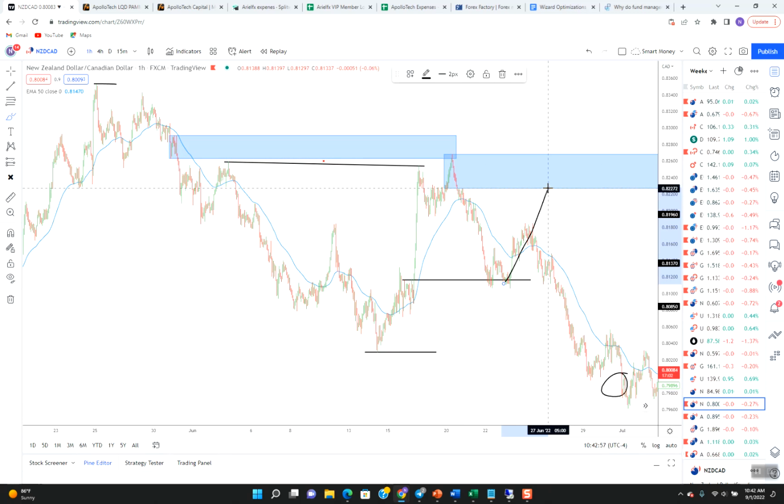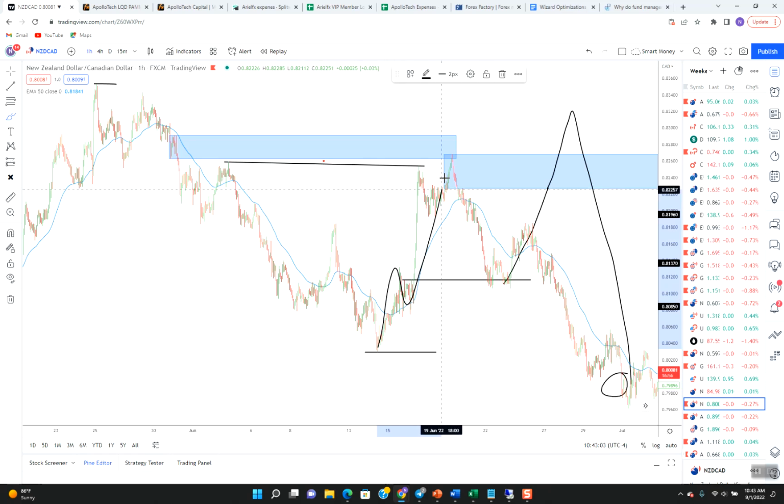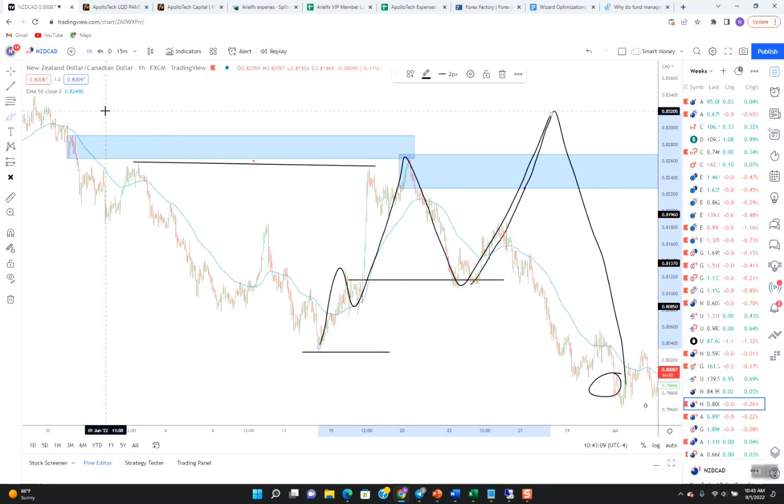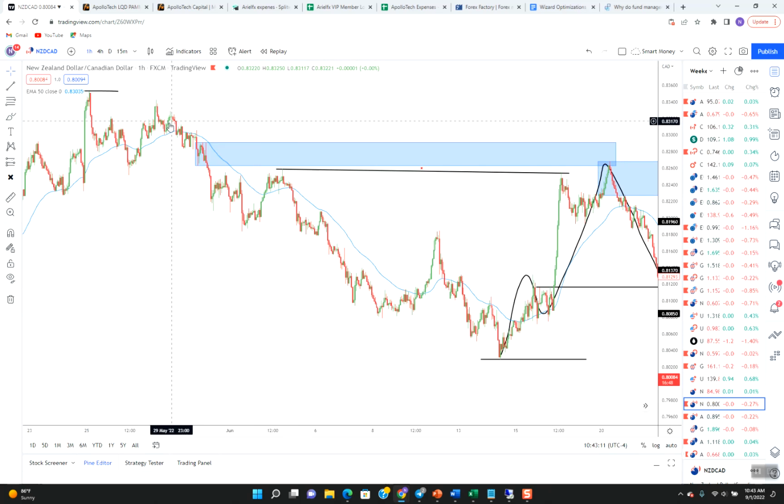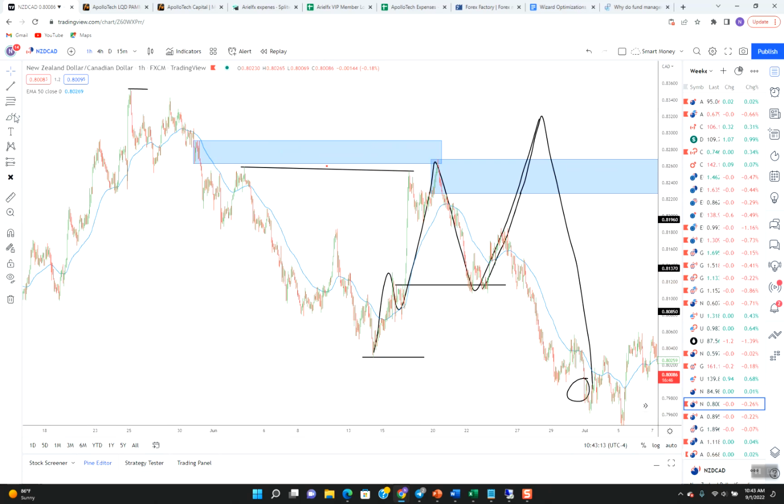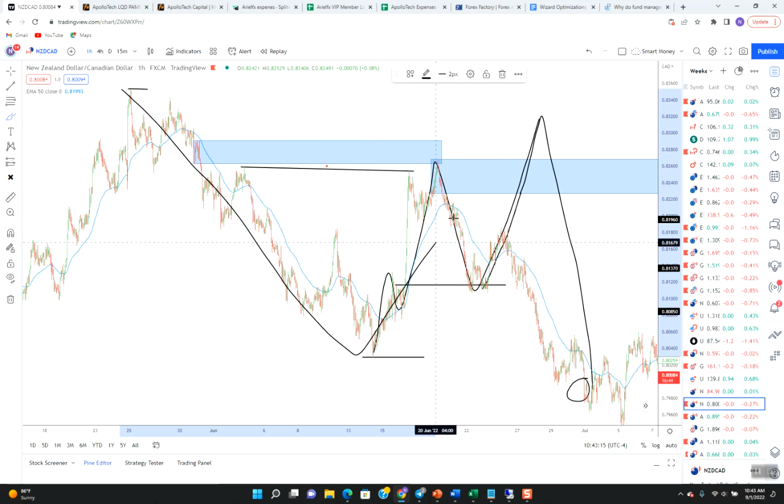But I couldn't be upset if price went like this first and then went short, because it would be like a one drive pullback, two drive pullback, three drive into the high, maybe up into something up into here, that's the lower time frame, but still maintaining the overall structure.